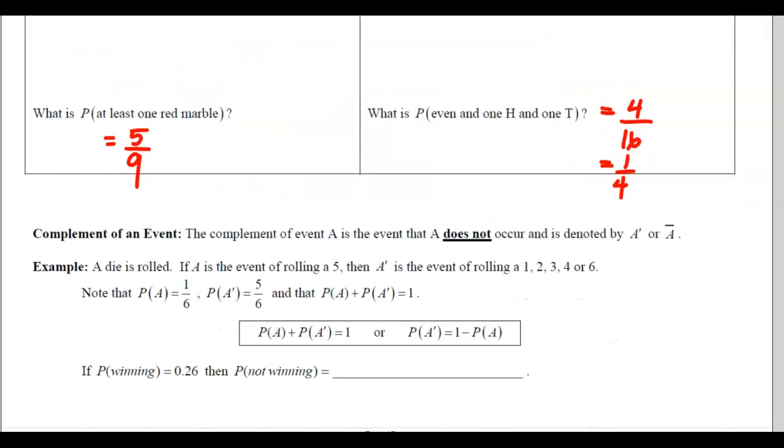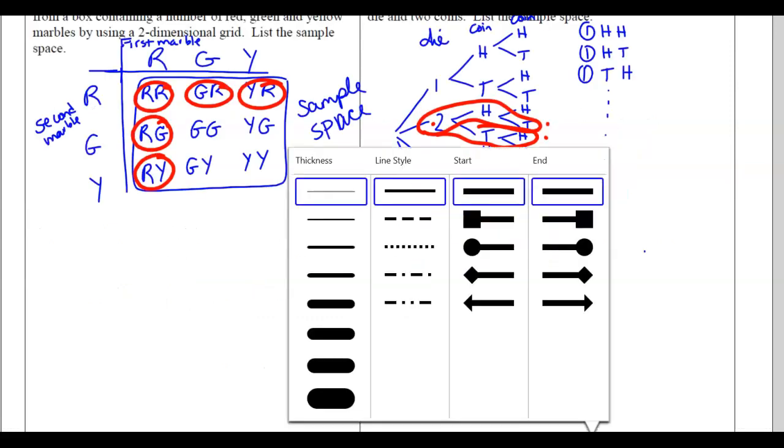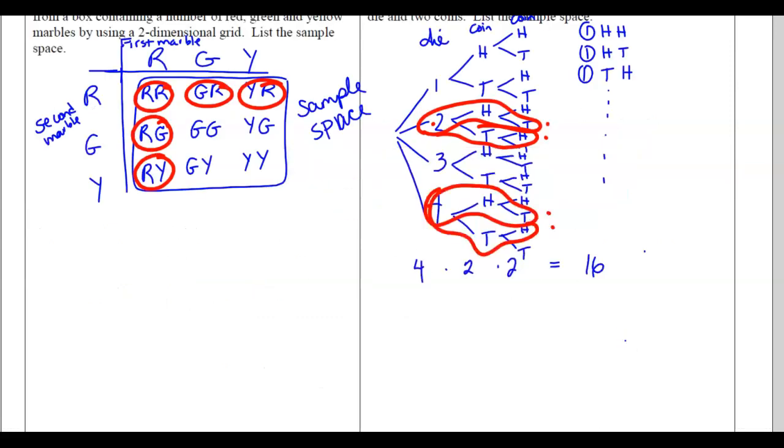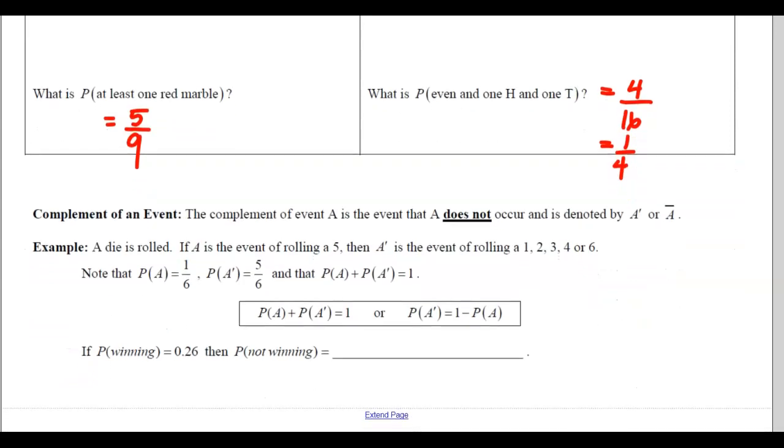So, next definition to look at here is the complement of an event. The complement of event A is the event that A does not occur. So it's sort of everything that's not A. And so we use a prime symbol, like an apostrophe, or a bar over top.